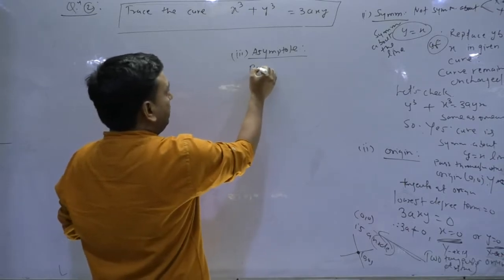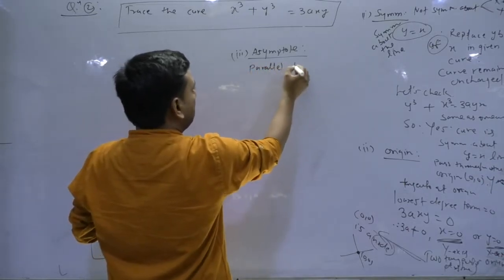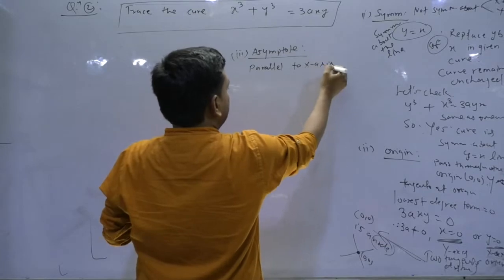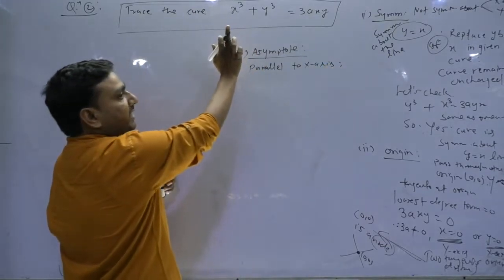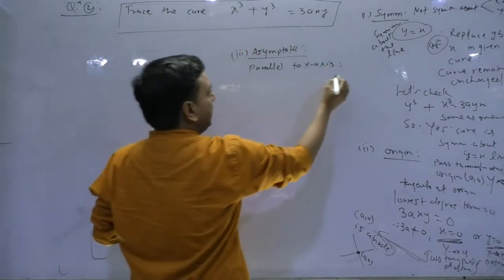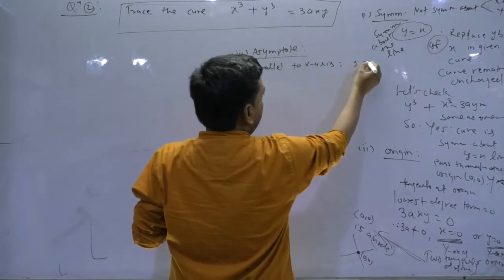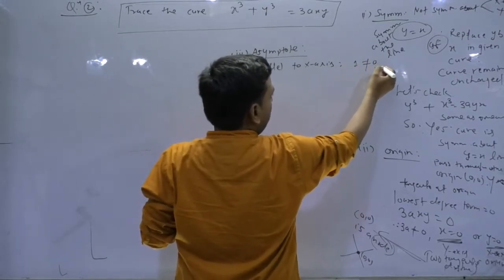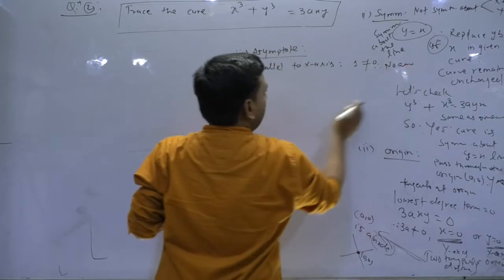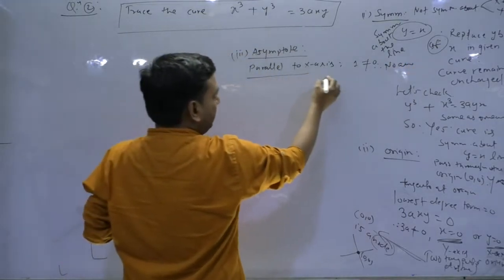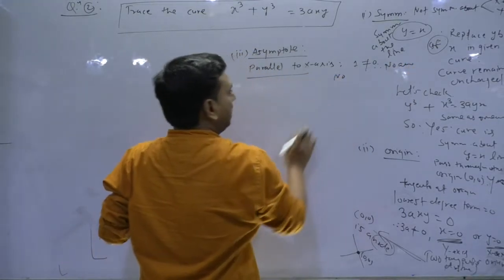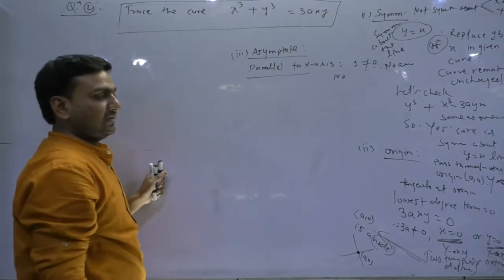So for parallel to the x-axis, what will we do? Take the coefficient of the highest degree term of x. The coefficient of x cube is 1 and not equal to 0, therefore no asymptote parallel to the x-axis. Similarly, no asymptote parallel to the y-axis.